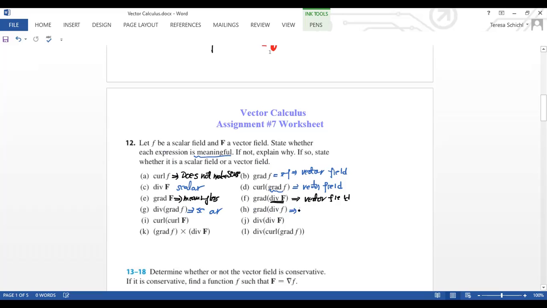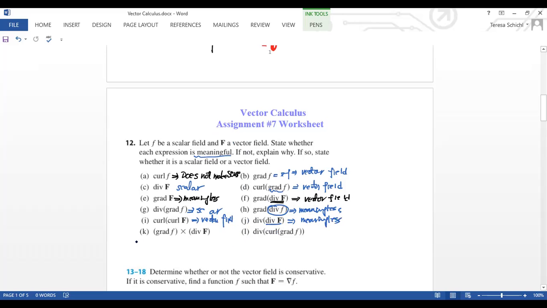No, this is meaningless, because the divergence has to work on a vector field. The curl of the curl: can you do that? Oh yes, this still comes to a vector field. How about the divergence? These become scalars, and now you cannot take the divergence of a scalar, right? So this is meaningless.